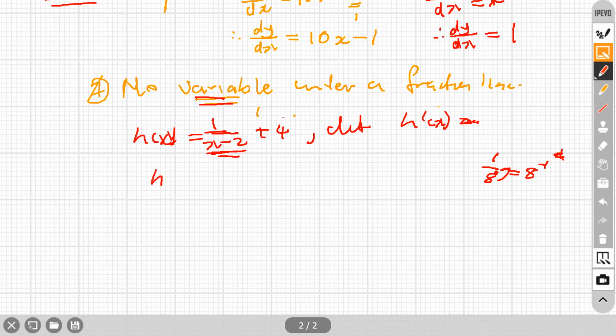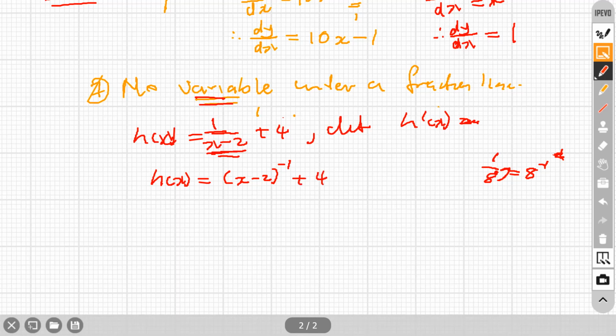So here we take this whole thing, x minus 2. It gives us h of x equals, with the whole thing in brackets, x minus 2 to the power -1, then plus 4.